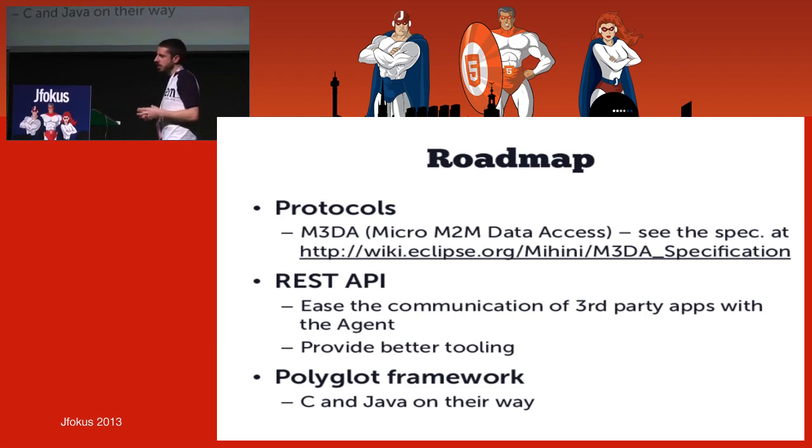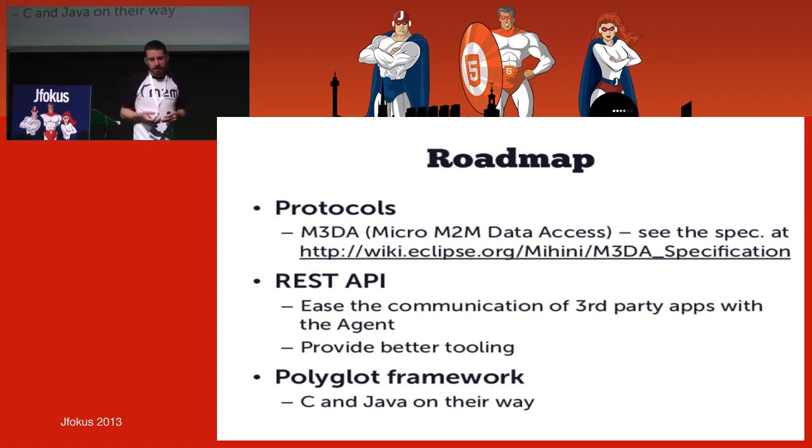So locally, if you want to have a Python application or a Java application that's pushing data and using all the asset management mechanisms of the agent, we will provide that. This, by the way, will also provide even better tooling.